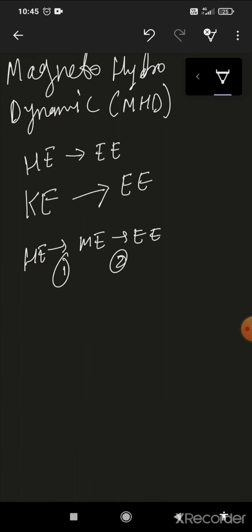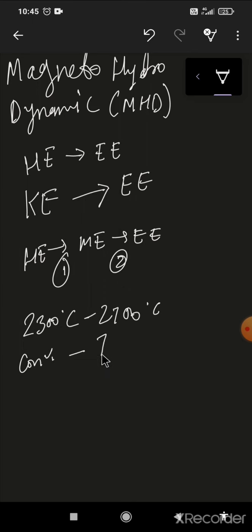This method can make use of temperatures of the order of 2300 to 2700 degrees Celsius, as compared to conventional steam power plants, which use a maximum range of only 750 to 800 degrees Celsius.